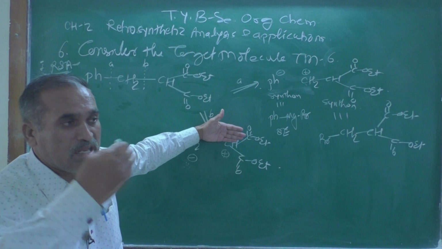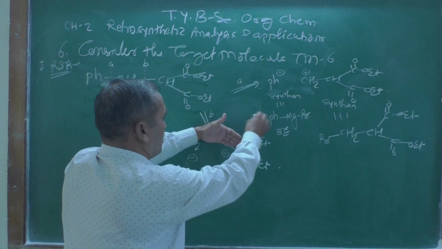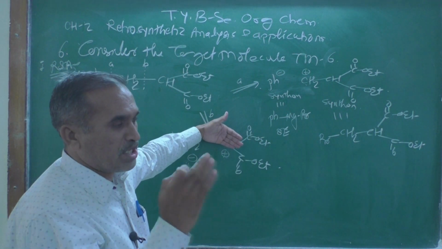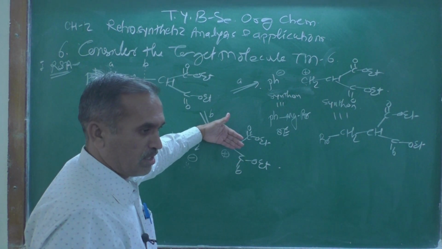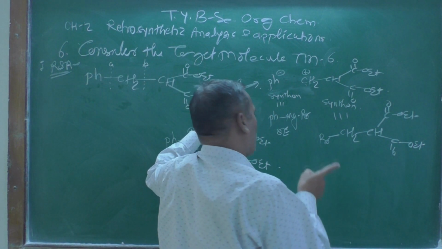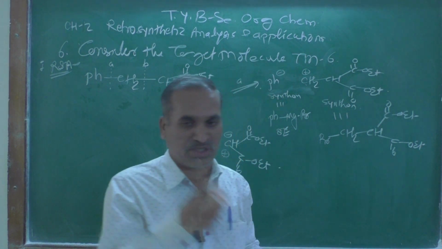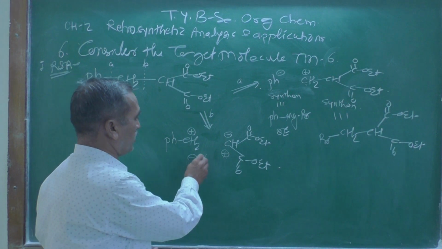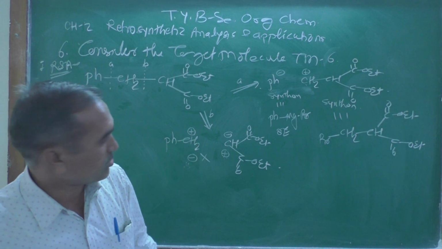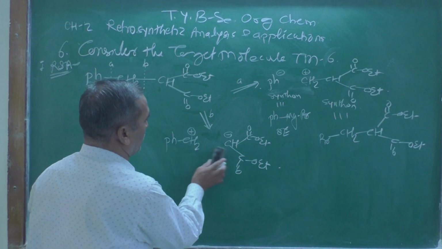But here these carbocations are highly unstable, because the electron withdrawing groups destabilize that carbocation. Electron withdrawing groups always destabilize the carbocation, and therefore this possibility does not show such positive and negative charges.